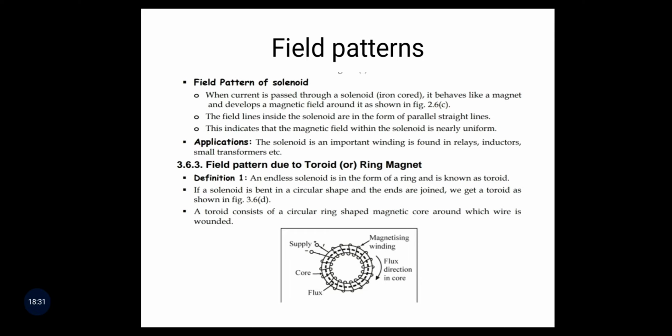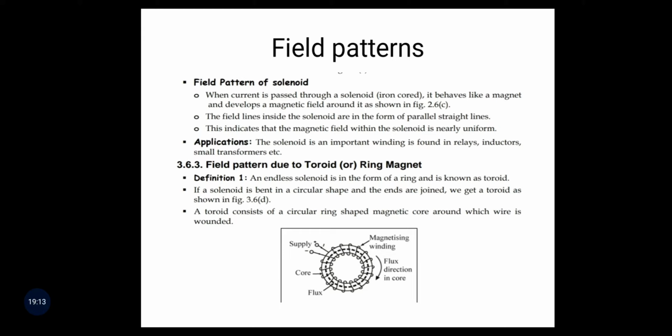Next, field pattern due to toroid or ring magnet. What is meant by toroid? An endless solenoid in the form of a ring is known as a toroid.